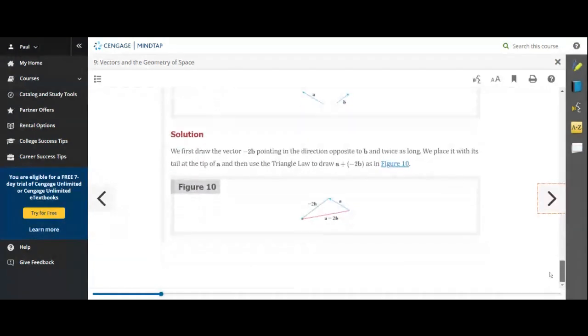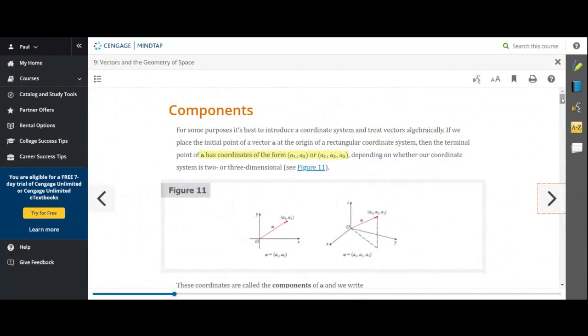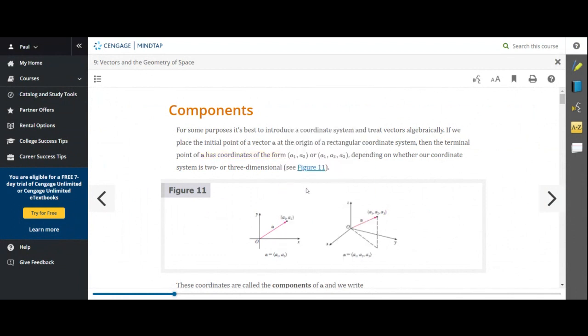Moving on, just giving you a guided tour here. Components. Vectors have components, just like coordinates.